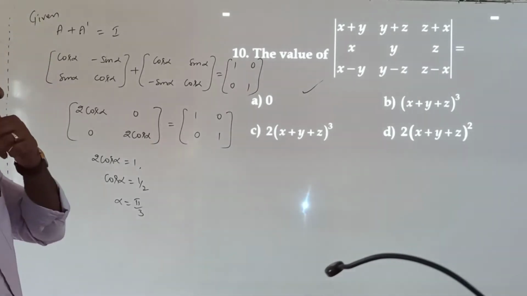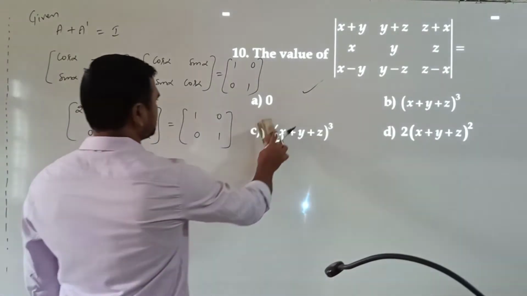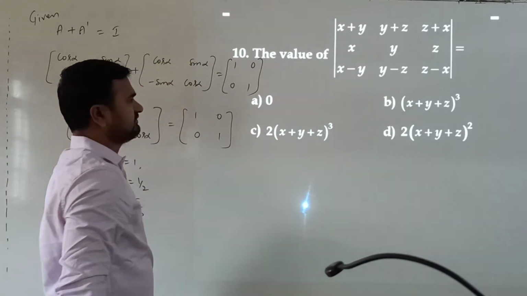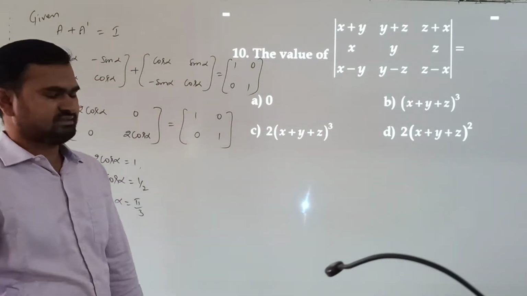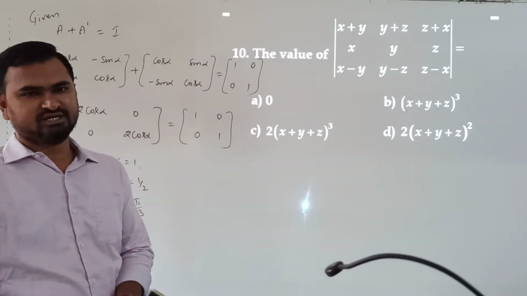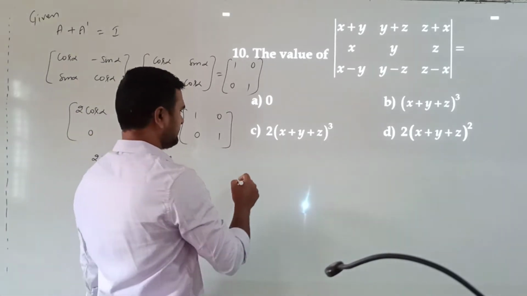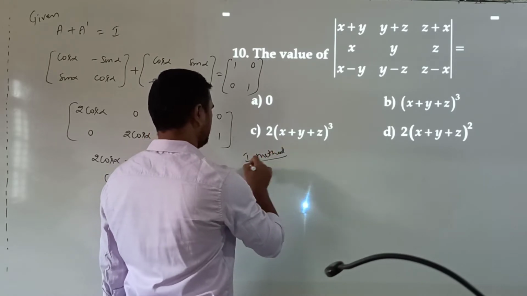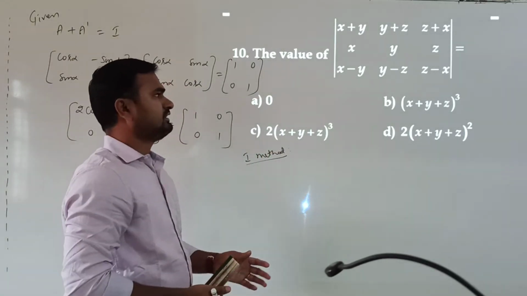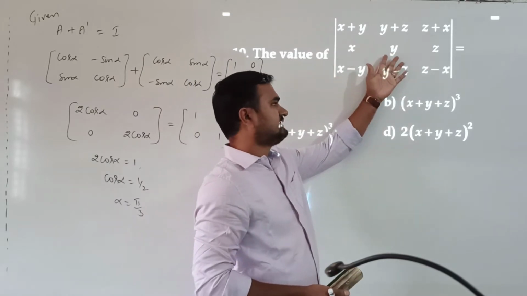The value of the determinant is... So the determinant is given, and we have to find its value. So one thing we can do is either verify or directly we can solve. Let us see first the verification method. Now the determinant is given in terms of x, y, z.